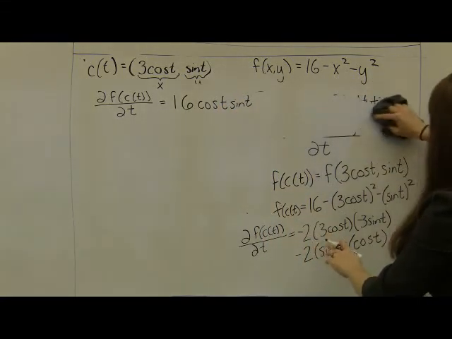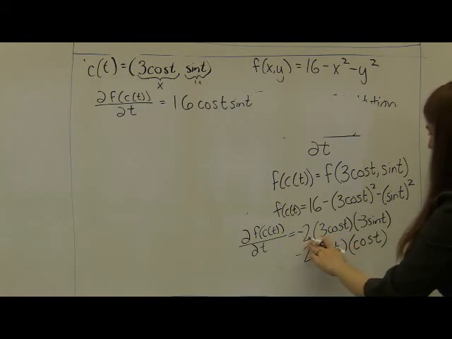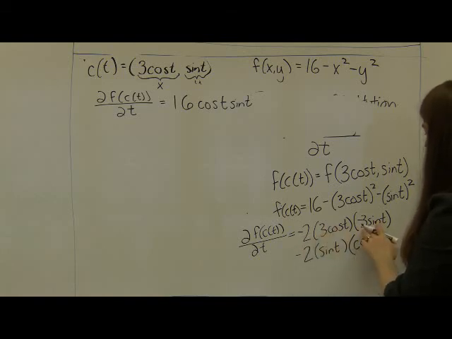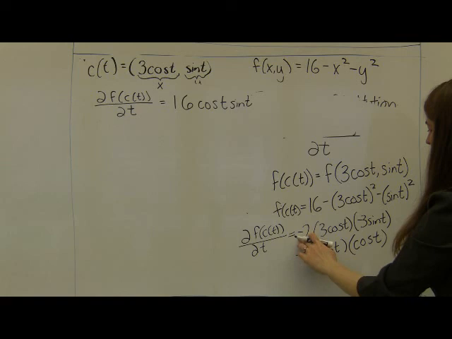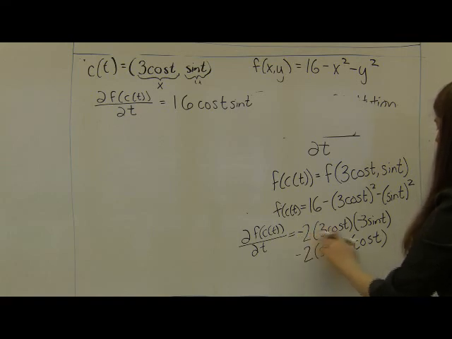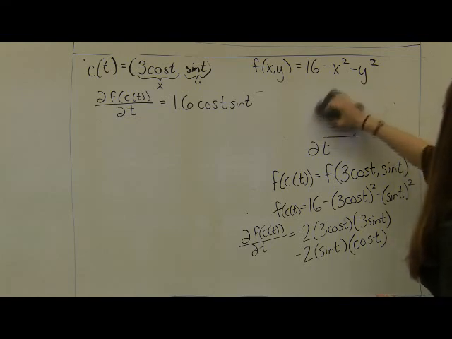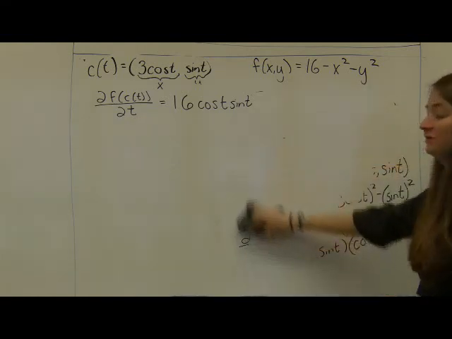I just simplified that using algebra. Let's check and make sure that I did that correctly. So I have minus 9 times negative 2 is positive 18 cosine sine minus 2. I agree. Hopefully you agree, viewers at home.